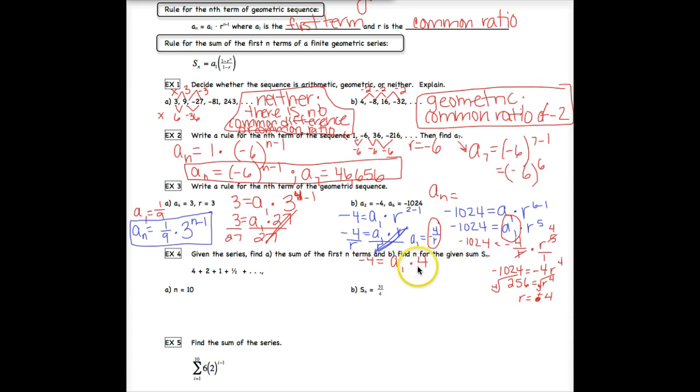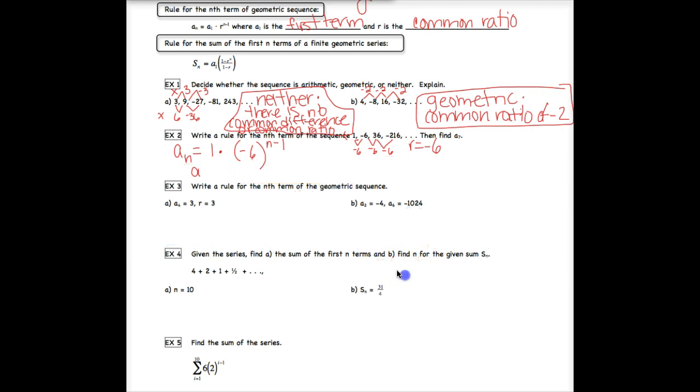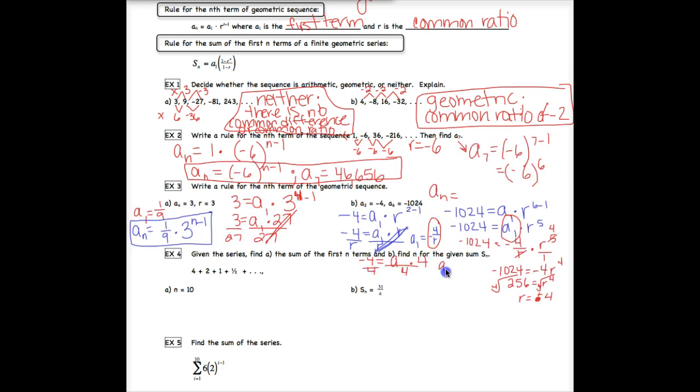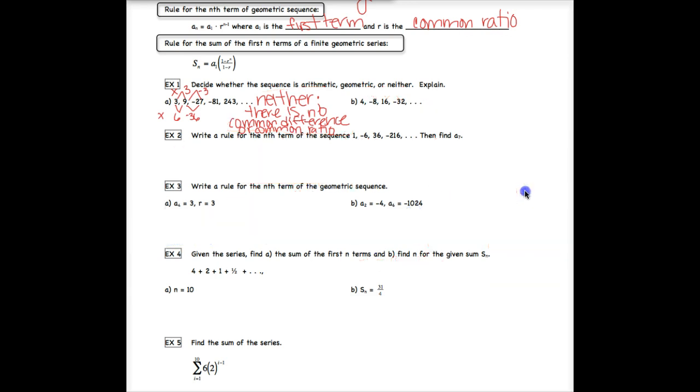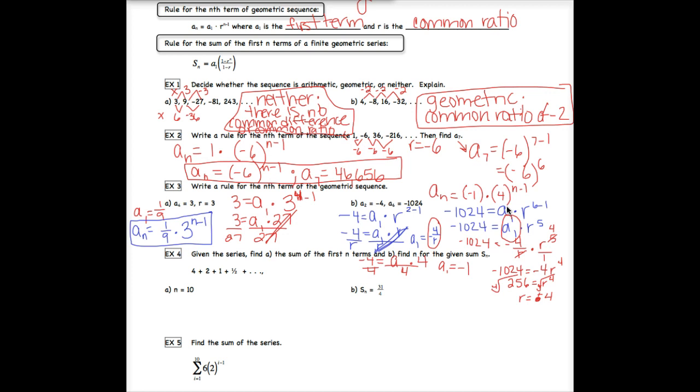So divide both sides by 4, and a sub 1 is negative 1. So this is going to be negative 1 times r, which is 4, raised to the n minus 1. And you could also just write it with the negative outside the parentheses. That would be okay as well.